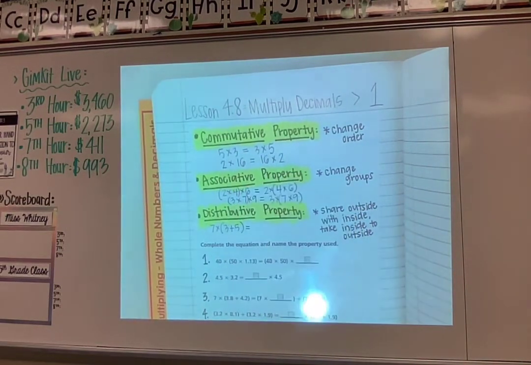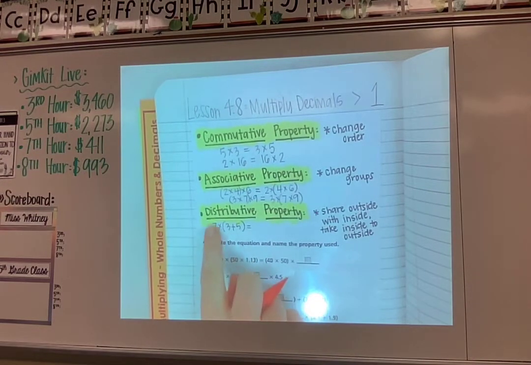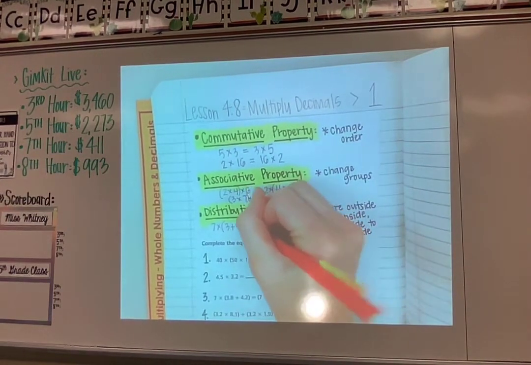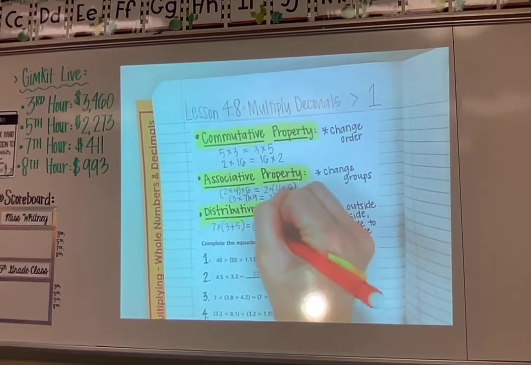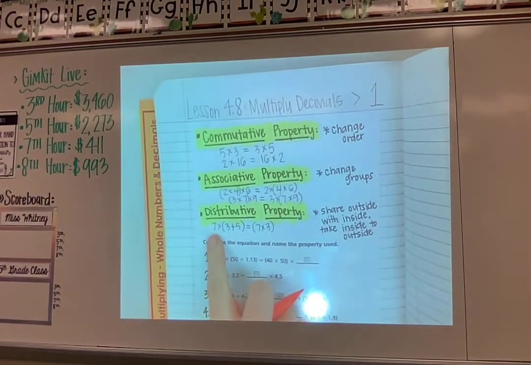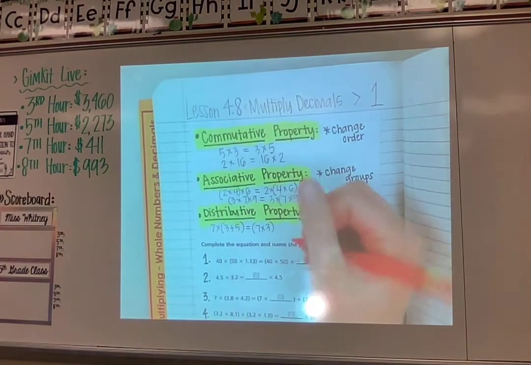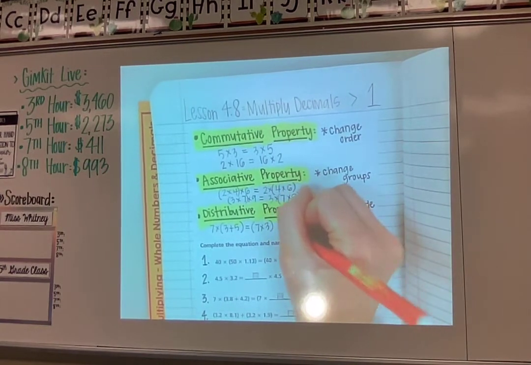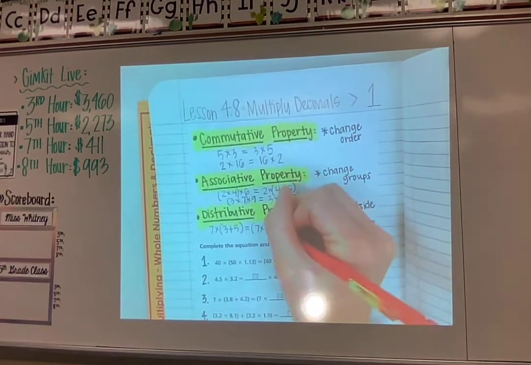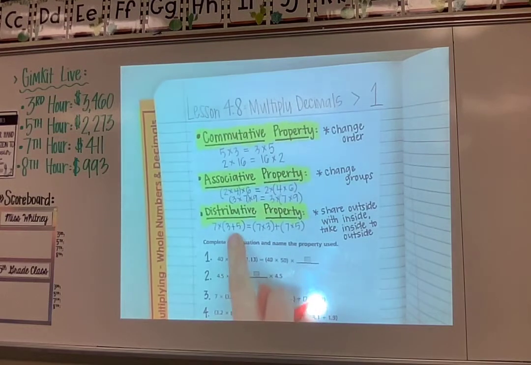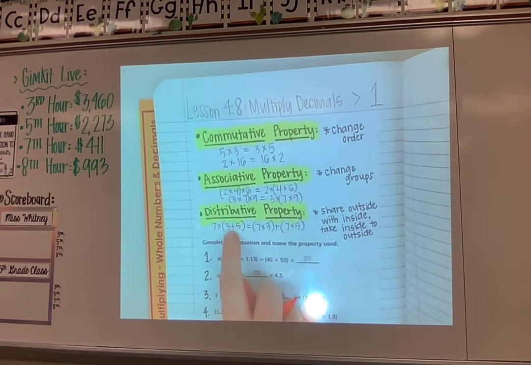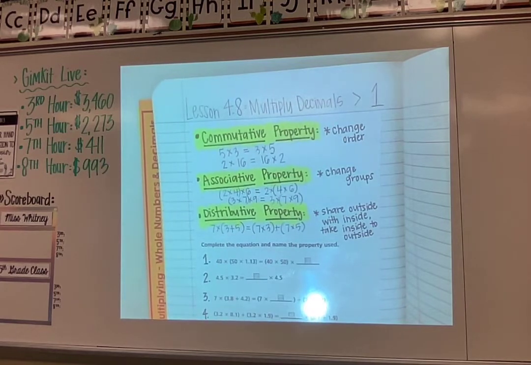So in order to do that, I would share the 7 with my first number. So I would do 7 times 3. And then I would share the 7 with my other number, and I would do 7 times 5. And then I would just add those together since it's addition right here. So I took that outside number and I shared it with both of the inside numbers. That's what distributive means.